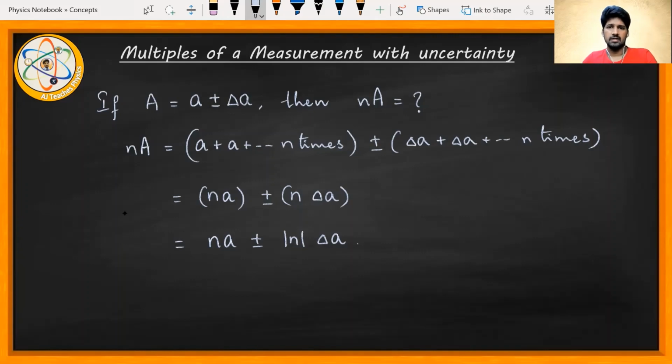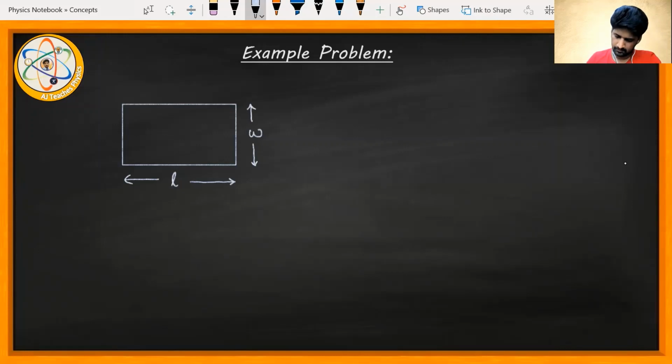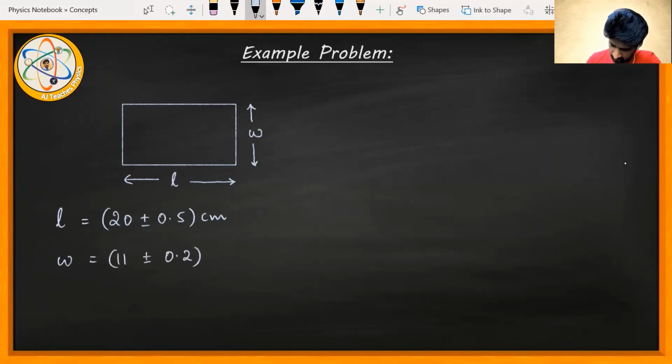Let us apply whatever we have learned in one problem. Let's say the length of a rectangle is given as 20 plus or minus 0.5 centimeters, and its width is given to be 11 plus or minus 0.2 centimeters.